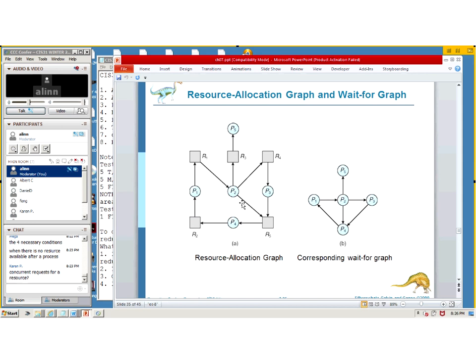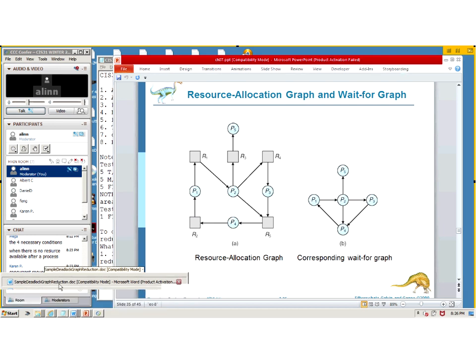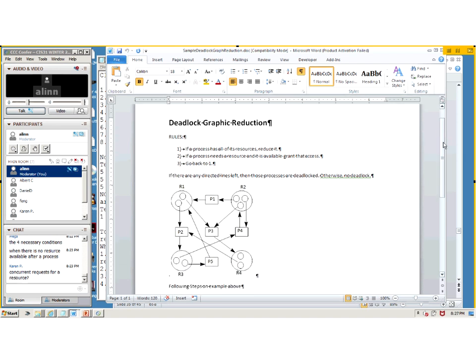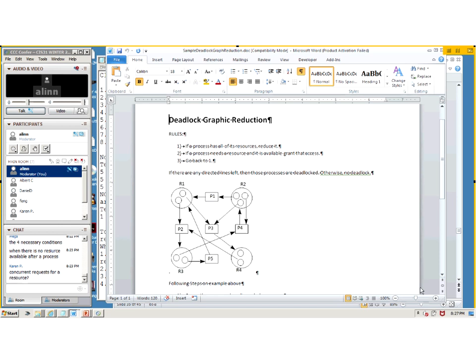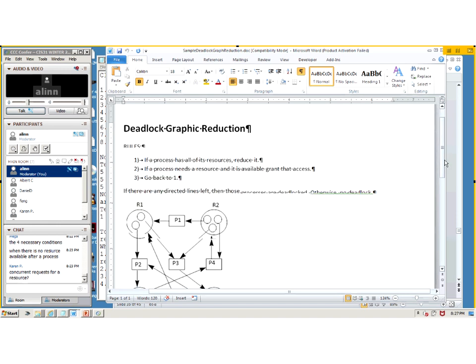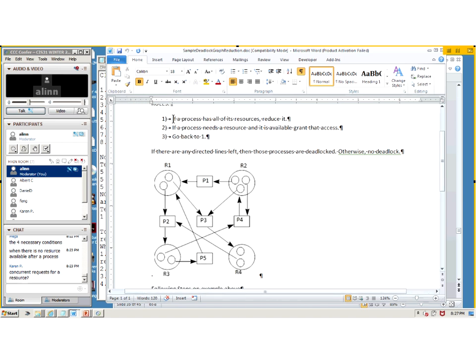I'm going to use the resource allocation, and I'm going to give you my own algorithm, and that's this one. It's also on Canvas. So here's the idea, we'll have our own algorithm, and the algorithm's really simple.